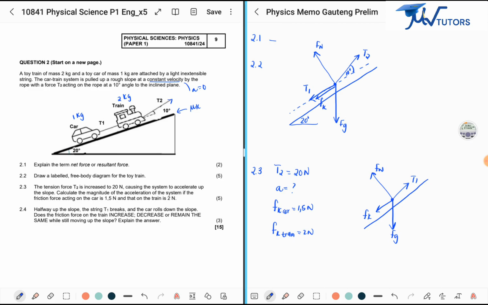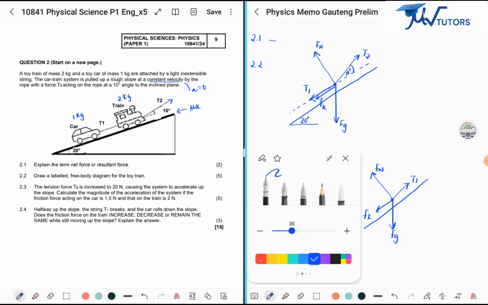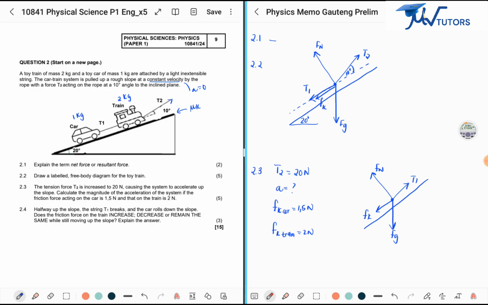Because now we're doing calculations, this is where I want to resolve things into their x and y components. Here we have FG, because we have our theta there, which is 20 degrees. I would just say cos 20 degrees, and on the side we have FG sine 20 degrees as well.